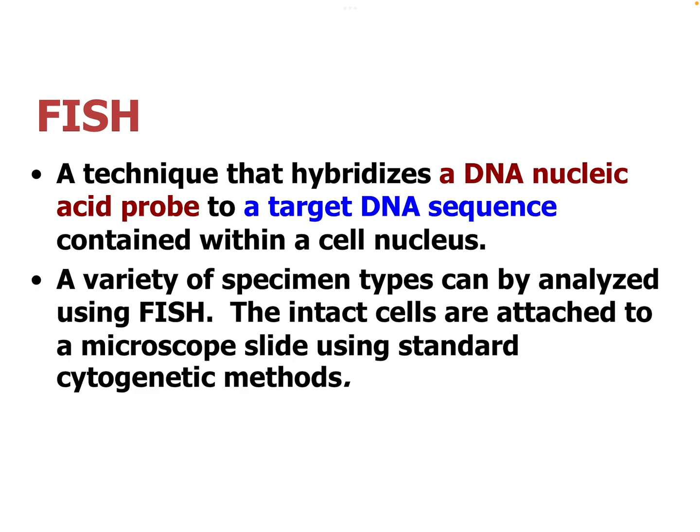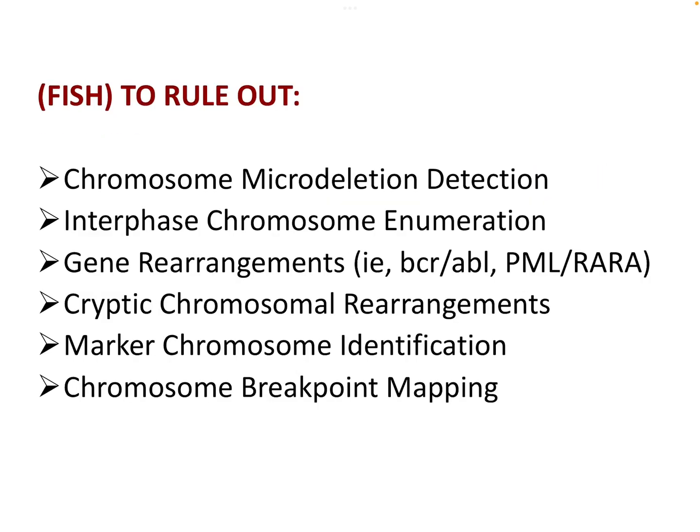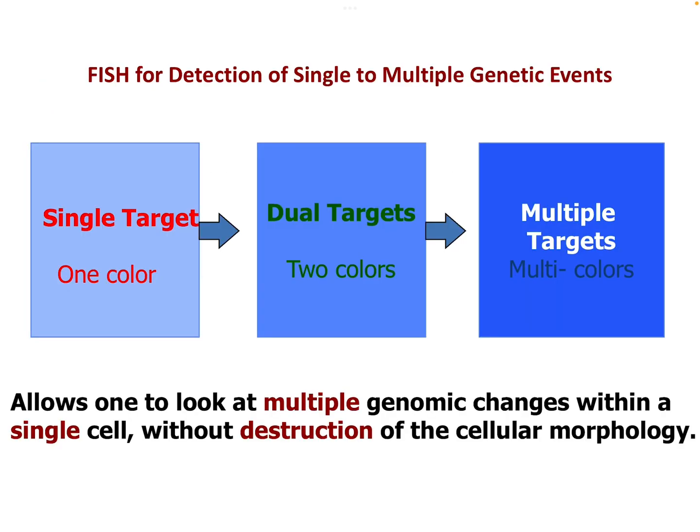A variety of specimen types can be analyzed using FISH. The intact cells are attached to a microscope slide using standard cytogenetic methods. The FISH is used for chromosome microdeletion detection, interphase chromosome enumeration, gene rearrangements, cryptic chromosomal rearrangements, marker chromosome identification, and chromosome breakpoint mapping.